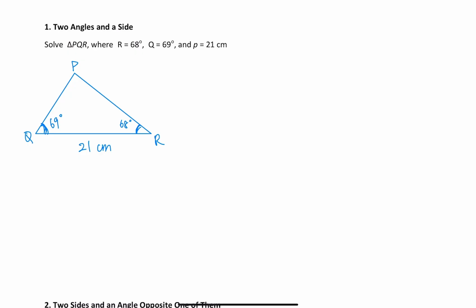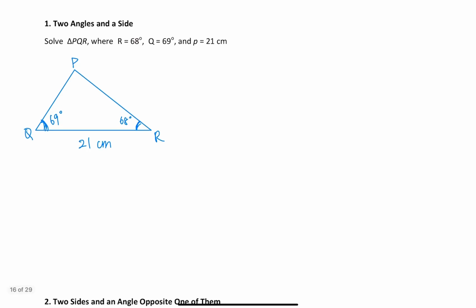Okay, so it's very important that you understand how to label your triangle, because that will dictate how we then solve the triangle. Okay, so if we're asked to solve a triangle, what that means is we need to find all angles and all sides. Okay. So basically, we have to get all the information we can about the triangle.